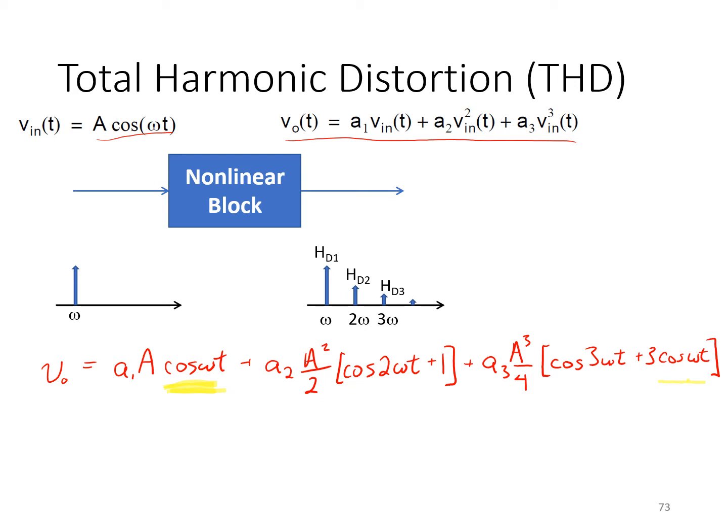Similarly, the dominant second order term is coming from the squared coefficient, A2, and the dominant third order harmonic, HD3, is coming from the cubic term.